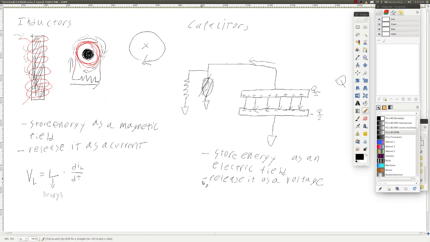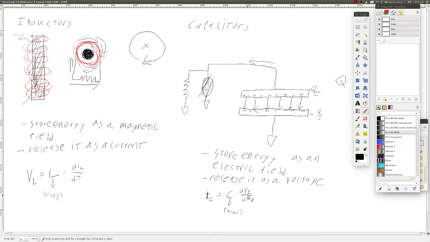In the same vein, the current in a capacitor, I should use lowercase i here, sorry, is equal to C, which we define in farads, times the derivative of the voltage through the capacitor with regards to time.